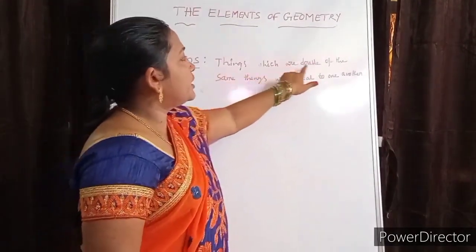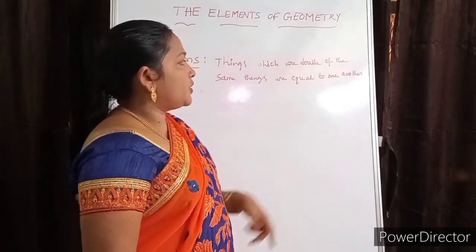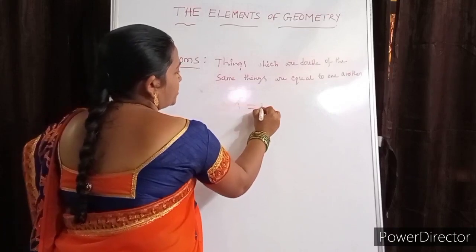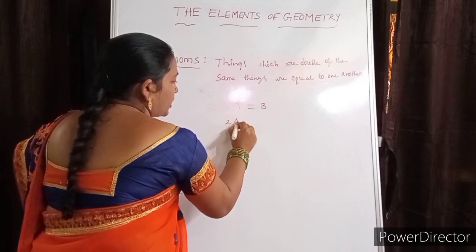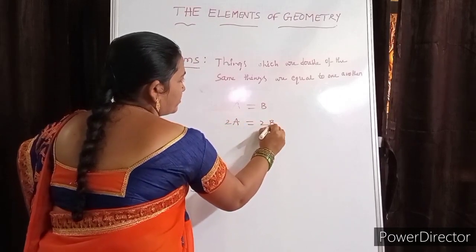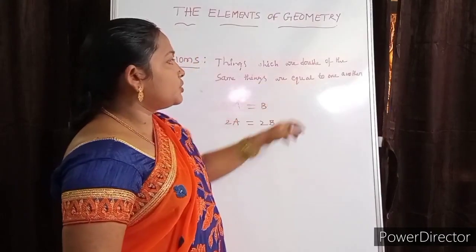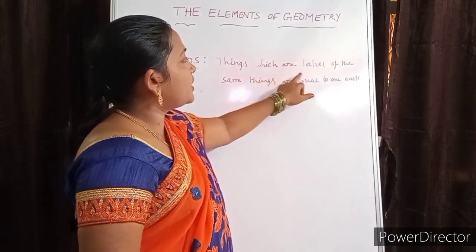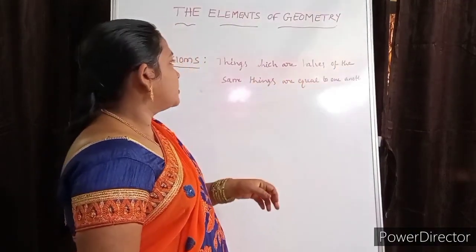Things which are double of the same things are equal to one another. For example, A is equal to B. Double them: 2A equals 2B.